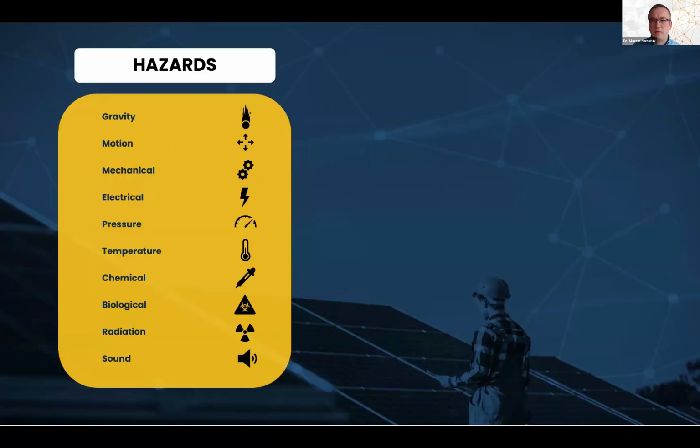And so let's start with hazards. Hazards can be defined as anything with the potential to cause harm. And here we built on the research that looked into so-called hazards as energy.